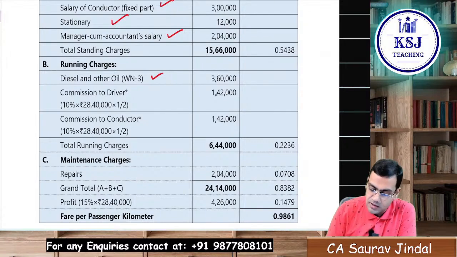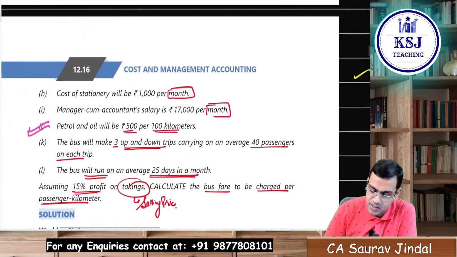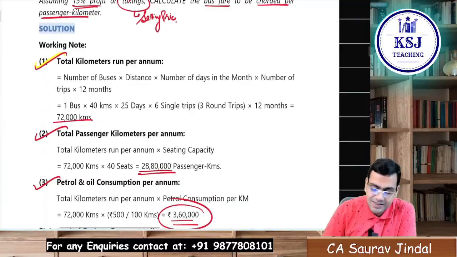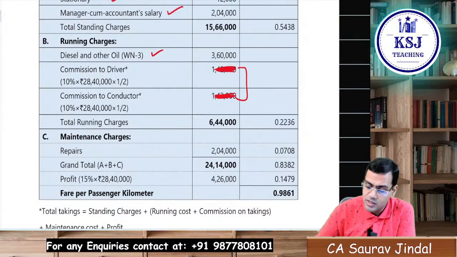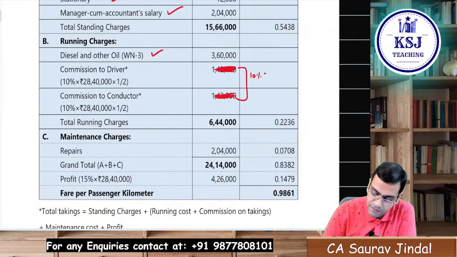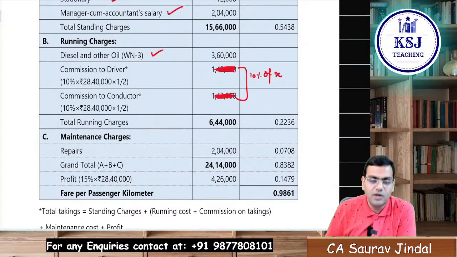Now commission we cannot take as such, because we do not know the total commission. What does the question say? The commission is 10% of the takings, and the selling price we also do not know. So we'll take 10% of X. This will be the total commission of the driver and conductor.